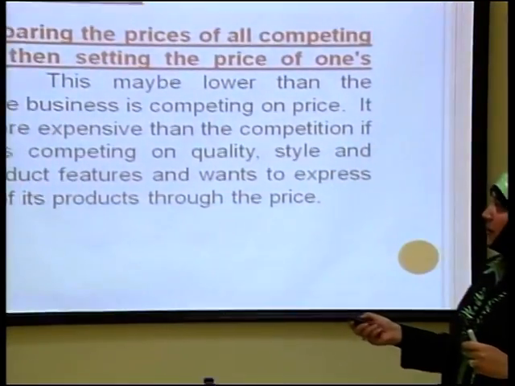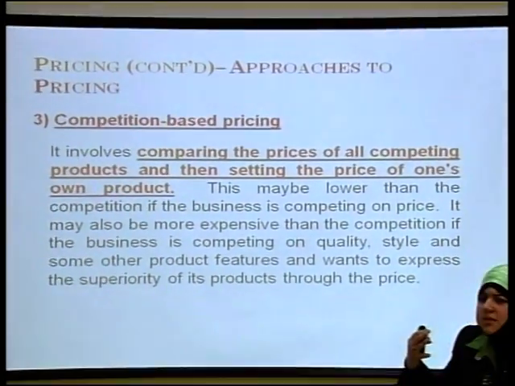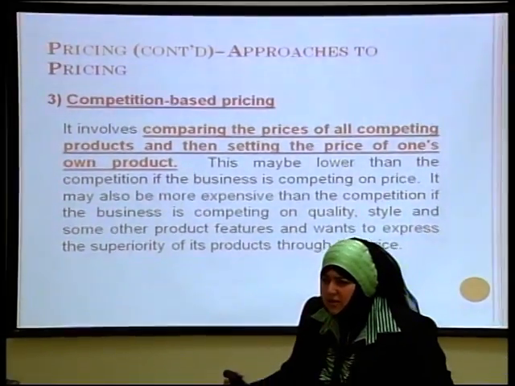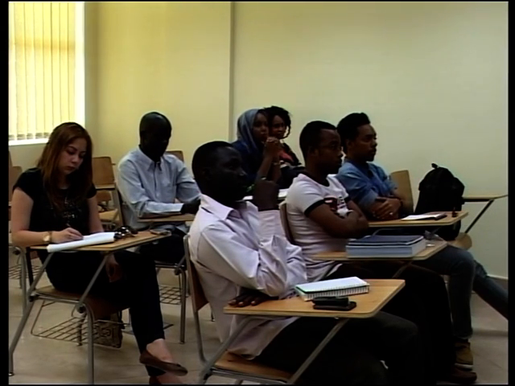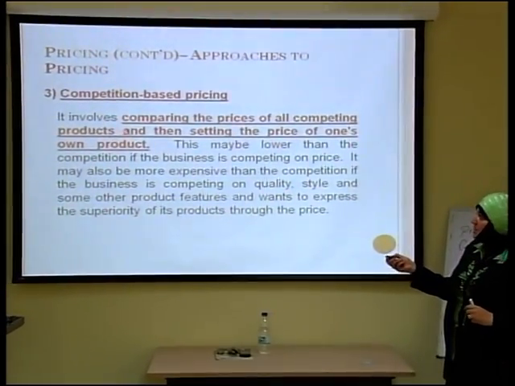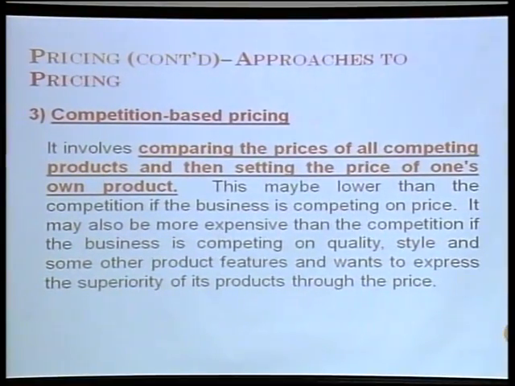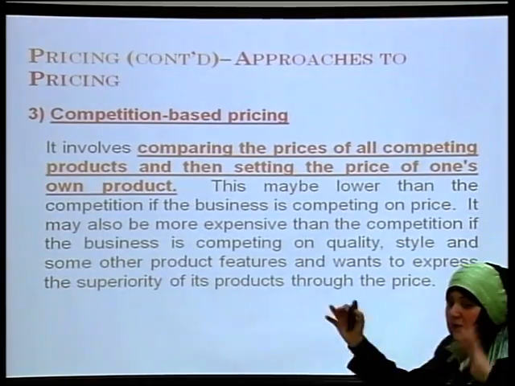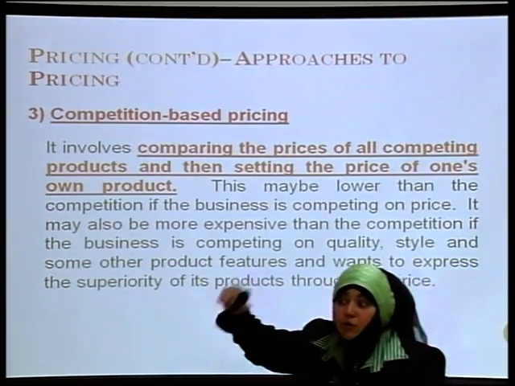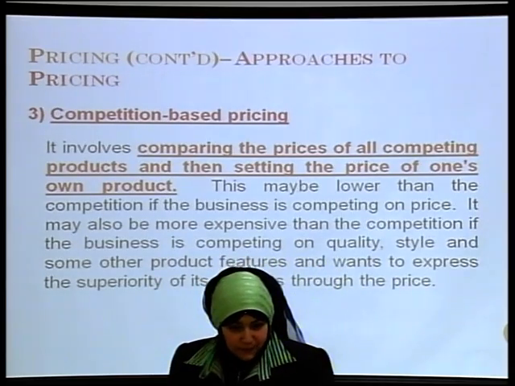The third approach, competition-based pricing. Competition-based. This means we consider what? Competition. Competitors' prices of similar products, right? Excellent, very good. So it involves comparing the prices of all competing products and then setting the price of one's own product. Now you have similar products offered by competitors. You have a list of their prices, and then you decide on your own price.